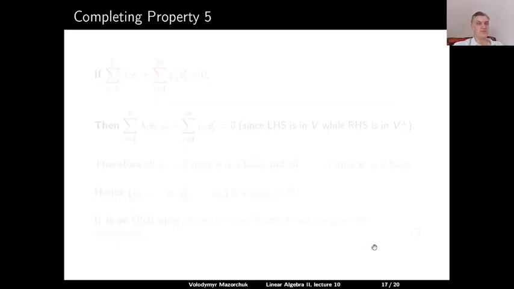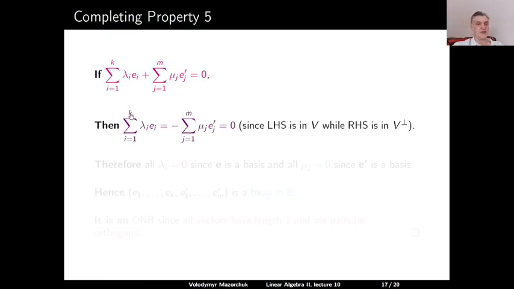Next, we want to prove that this collection is linearly independent. So if we have a linear combination of these elements which is equal to 0, we can move the second sum to the right, and we have that the first sum is equal to the second sum. But the first sum is in V and the second sum is in the orthogonal complement, so they both should be equal to 0.